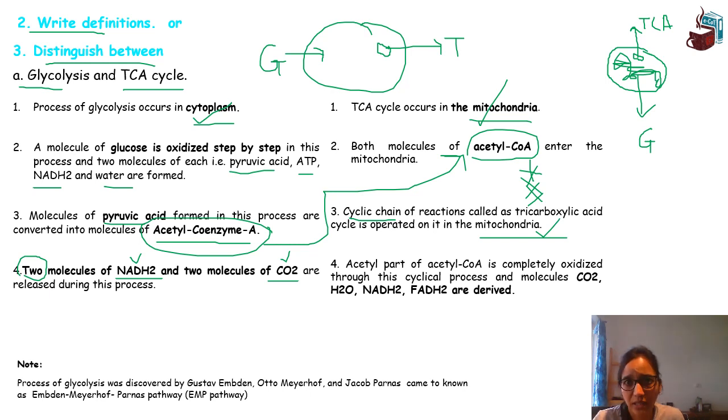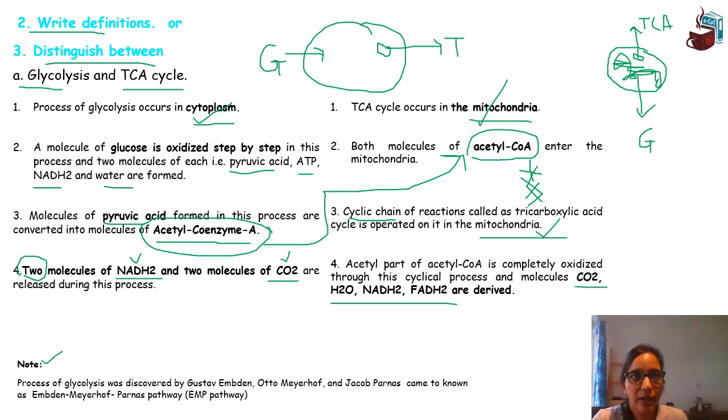The acetyl part of coenzyme A is completely oxidized through this cycle, and carbon dioxide, water, NADH2, and FADH2 are released. In this we get NADH2 and CO2. So like that, by distinguishing, you have to study.